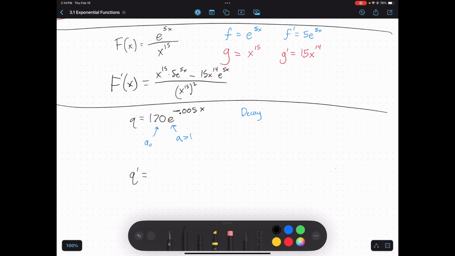Once again, 170 is just a constant being multiplied in front, so I can just leave the 170 there and then use my derivative rule for exponents. I'm going to multiply by the constant that's up there, negative 0.005, and then leave everything the same past that. And then, of course, I can simplify by multiplying 170 times negative 0.005.